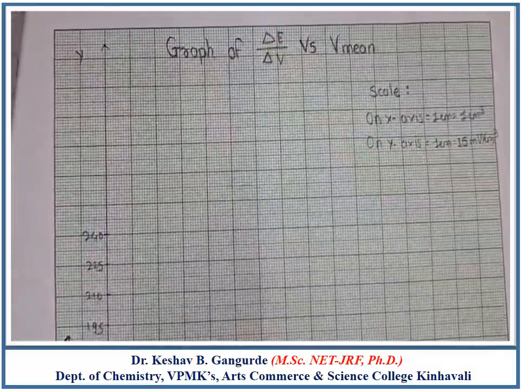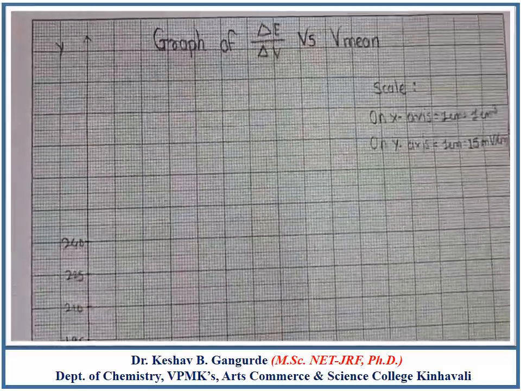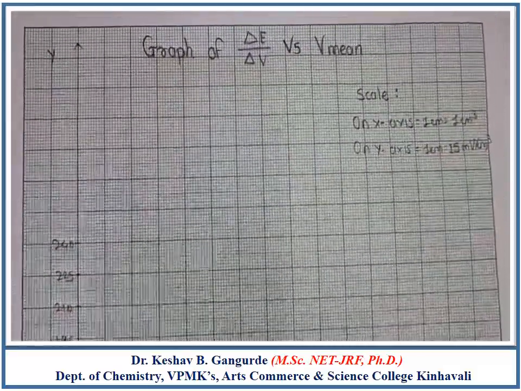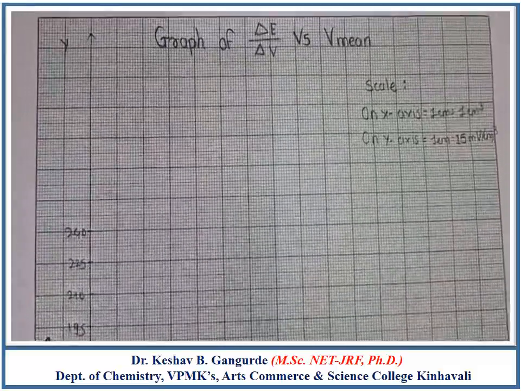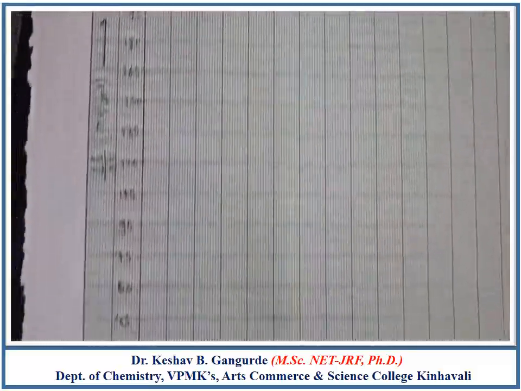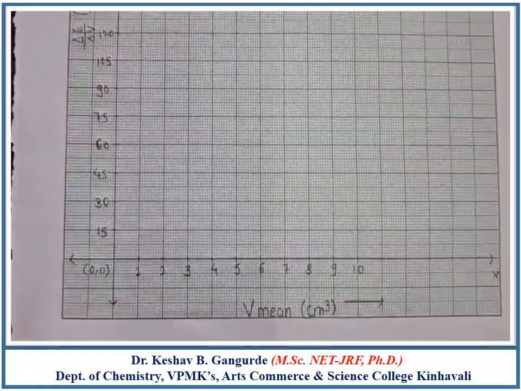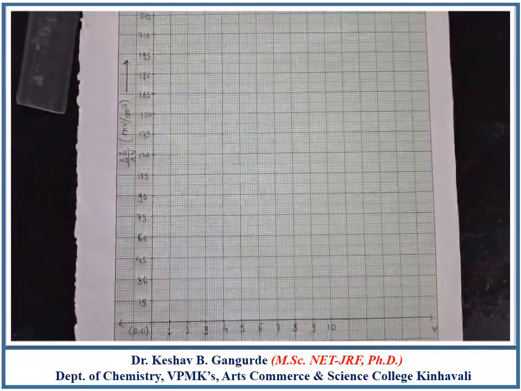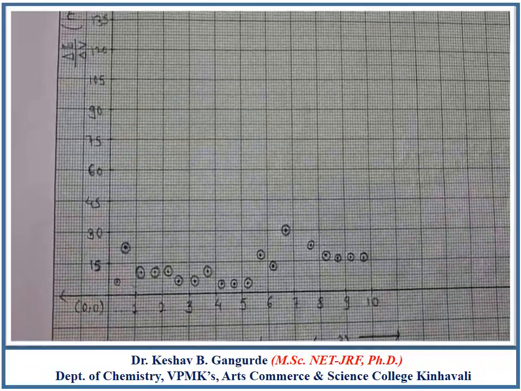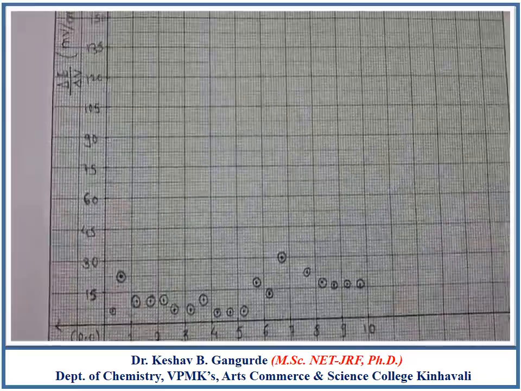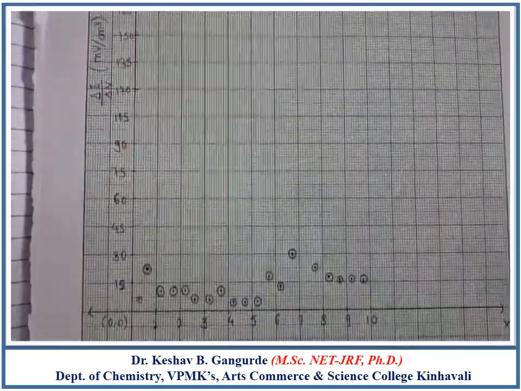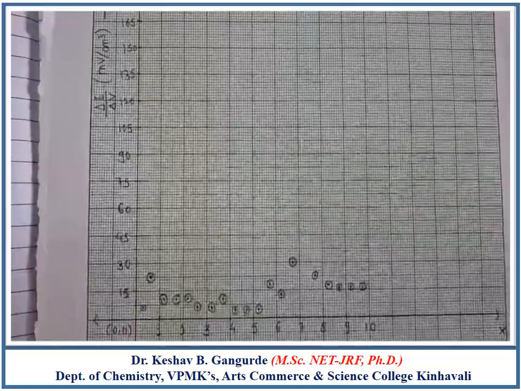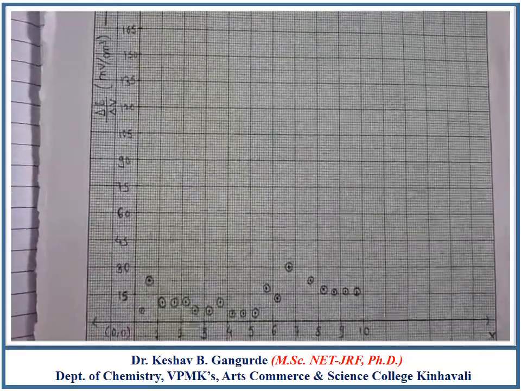Here for these observations, on the x-axis 1 centimeter equals 1 centimeter cube and on the y-axis 1 centimeter equals 15 millivolt per centimeter cube. Now plot the points at their respective positions and connect all the points to get the sharp peak.